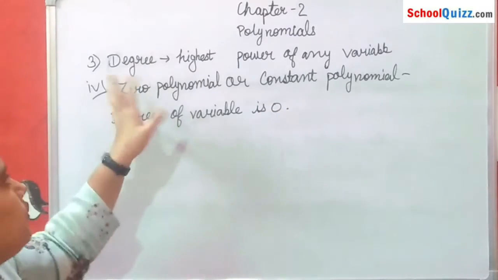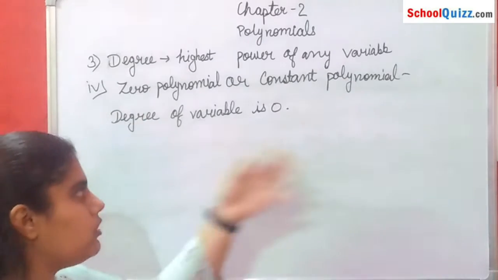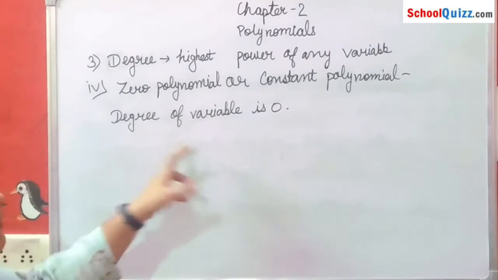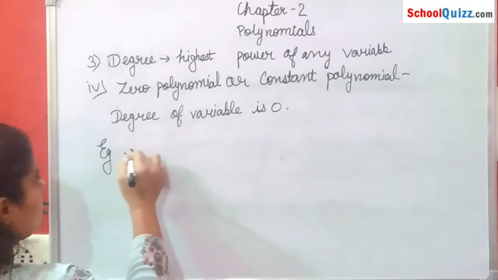So the fourth type is zero polynomial or constant polynomial. In a zero polynomial or constant polynomial, the degree of the variable will be 0. For example, 5.